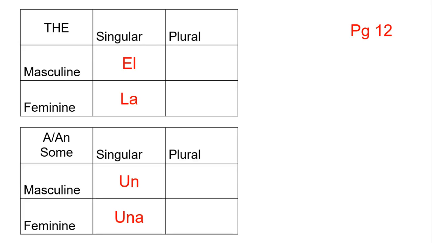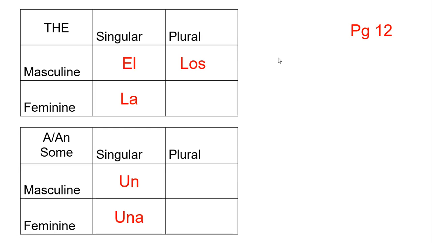We have already talked about the el, la, and un and una in previous lessons earlier this year. And we discussed the fact that we would add in the plural forms of those later in this year. I was hoping that we would get to it before Christmas break, but that didn't happen, and that's okay. So the plural of el, first of all, before we do that, this is on page 12. We're going to add in these 4 words. So the plural of el is los.